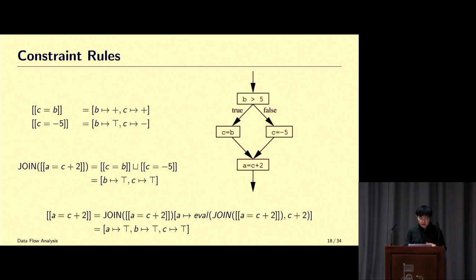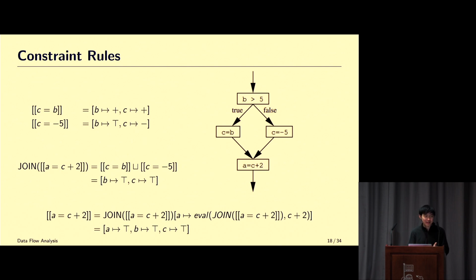And so now the join function for this a equals c plus 2 node takes the previous two nodes, the predecessor nodes, and it does the least upper bound. So you take the join of b, which is joining plus and not knowing anything about it. And so in the end, the join is just not knowing anything about it.